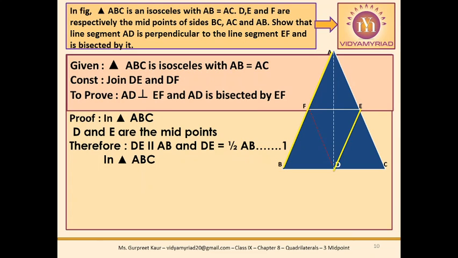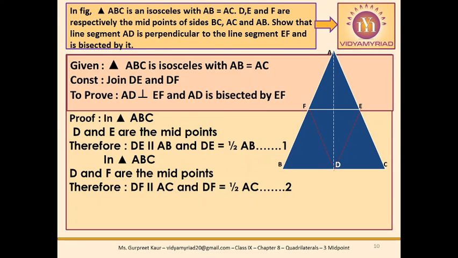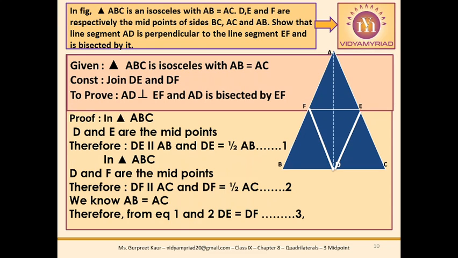And if I take again triangle ABC and take D and F as the midpoints, in that case what will happen is DF will be parallel to AC and DF will be half of AC. Now we also know that AB is equal to AC because it is an isosceles triangle. So we can say that from equation 1 and 2, DE is equal to DF.